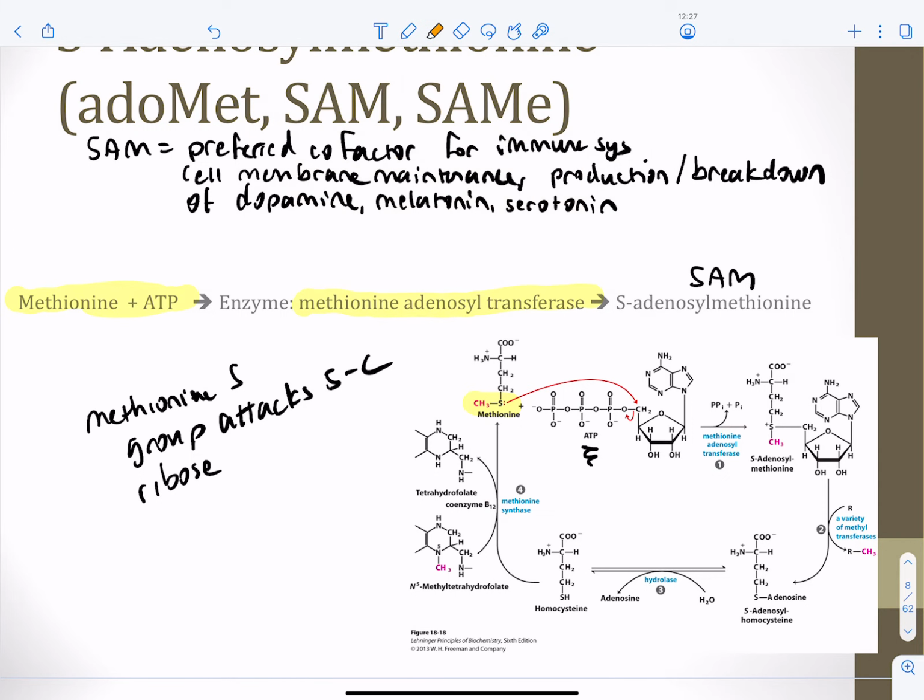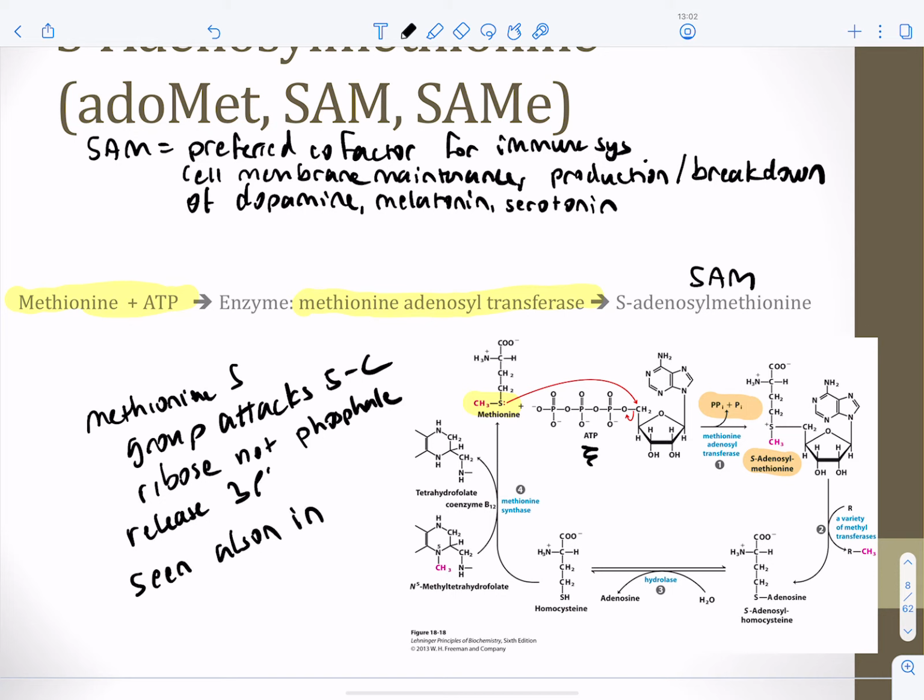So all 3 phosphates get released, and instead you're attaching the ribose portion of ATP to methionine, and that gives you SAM. Oops, sorry, I thought I had my highlighter. So that will give you SAM. So you release 3 phosphates, and this is seen also in the synthesis of coenzyme B12.